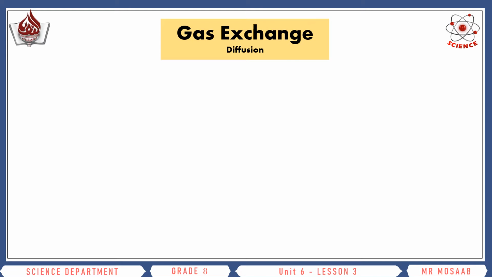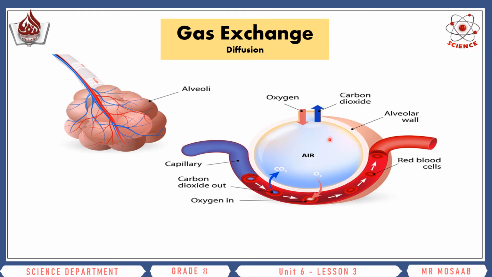Okay, gas exchange by diffusion. What happens here? Air is entering the alveoli from this way, and from this way, blood is moving through the capillaries.